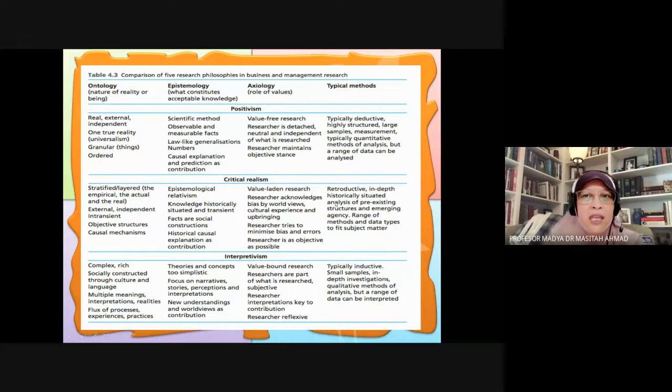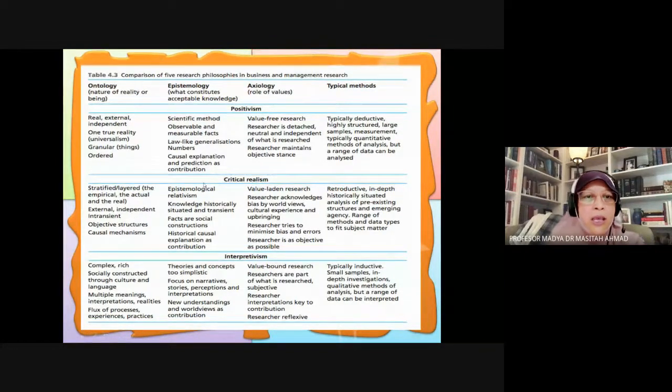But let's say your method is retroductive, in-depth, historical, situated analysis of pre-existing structures and emerging agency, with a range of methods and data types to fit the subject matter. So it's suitable for you to use this. For ontology, epistemology, and axiology, you can choose based on one of these.